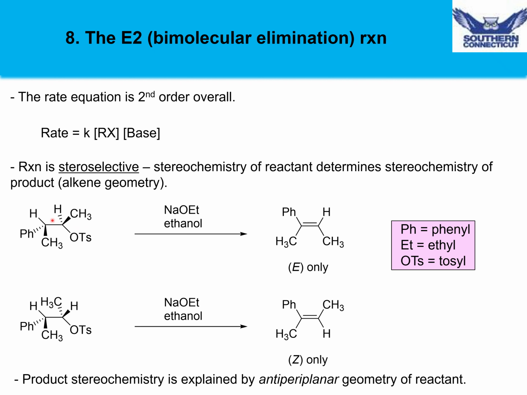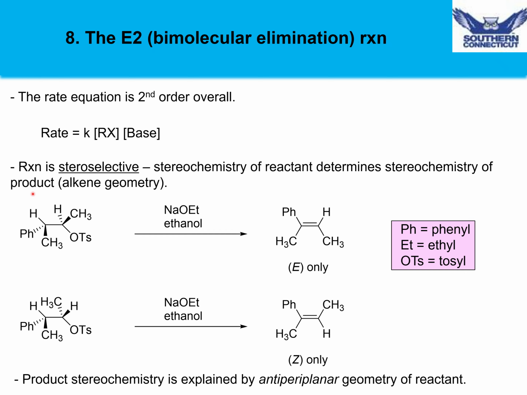So we'll discuss this in detail in a moment, but basically the anti-periplanar geometry refers to having the hydrogen that is going to be eliminated, the carbons that are part of the reaction, and the leaving group that is attached to the other carbon, all being on the same plane.